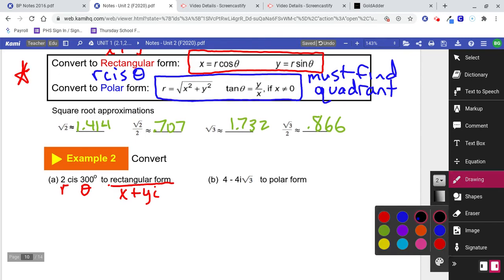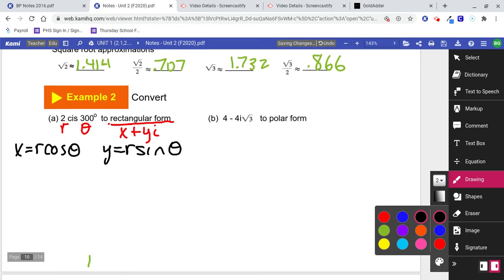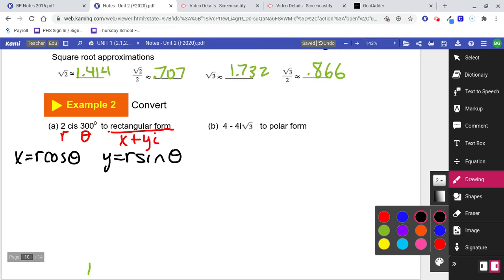Specifically, the formulas say x equals r cosine theta and y equals r sine theta. So it's pretty much just fill it in. R from the problem is 2, and theta is 300 degrees. So I'm going to do 2 cosine 300 and 2 sine 300.